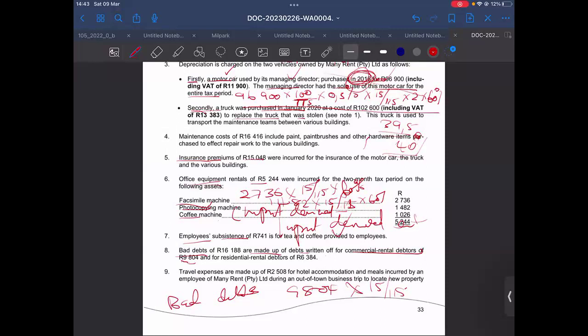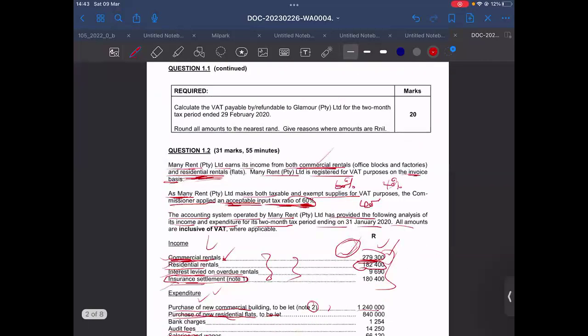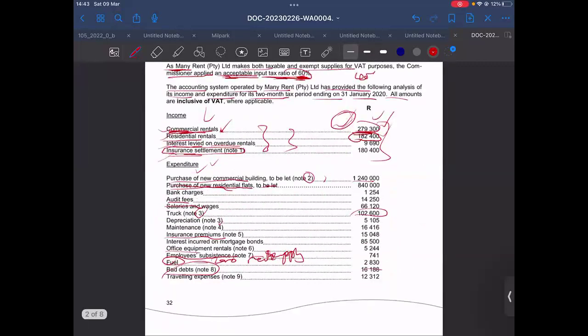But on 6,380 we say no input, exempt. Are we together? On these relating to residential, no input, because we did not charge output VAT. It's an exempt supply.